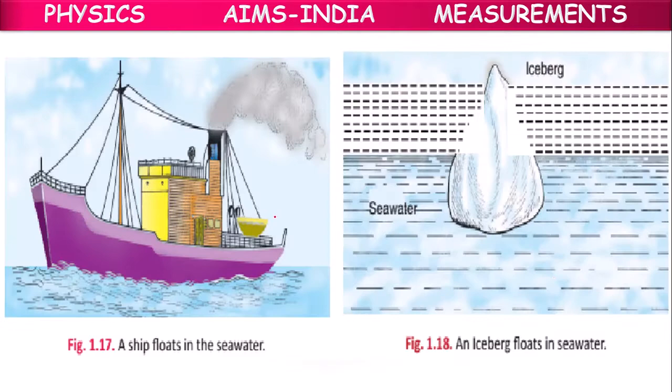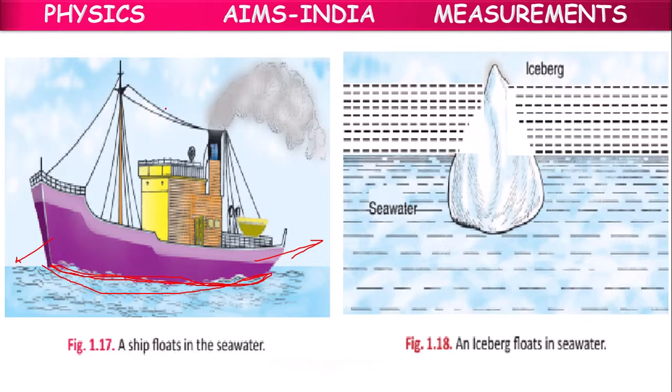So here, why the ship is floating in the water means the base of the ship is more. Because the base of the ship is more, it will displace, while traveling forward or backward, more amount of liquid sidewards, so that the upthrust will become equal to the weight of the ship.